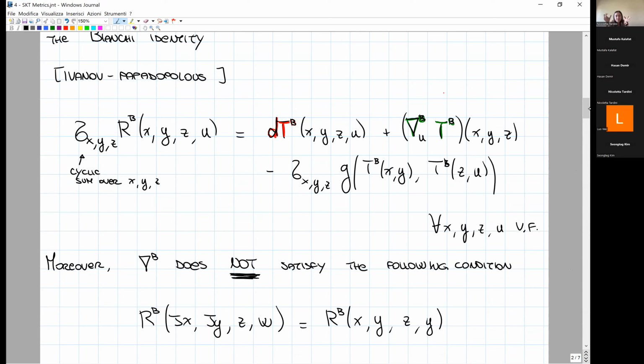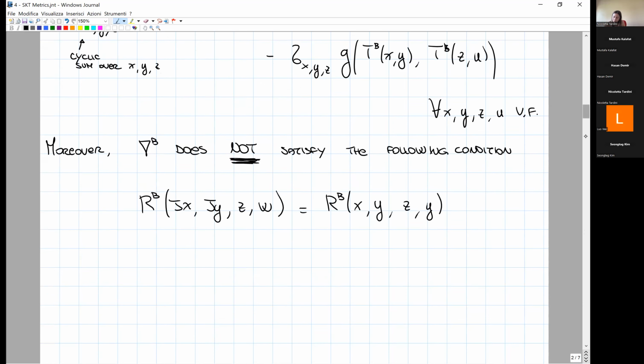In general, we said the Bismuth connection doesn't satisfy the Bianchi identity, but somehow the Bianchi identity is related to the vanishing of the closure of the torsion, the differential of the torsion of the Bismuth connection, which when this is 0 means SKT, right? And then we have this other condition. Okay, when this term is vanishing, somehow one would like to have the first Bianchi identity. Okay, so it seems that the first Bianchi identity is related to SKT metrics and parallelism for the torsion.